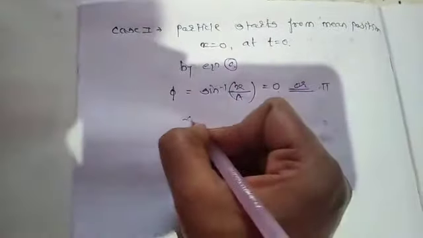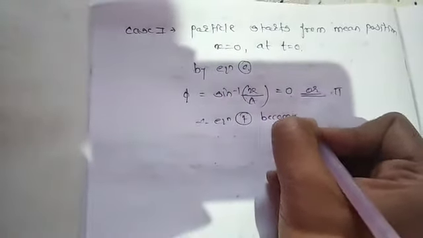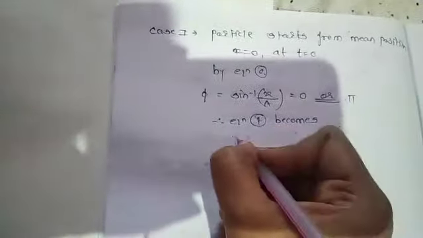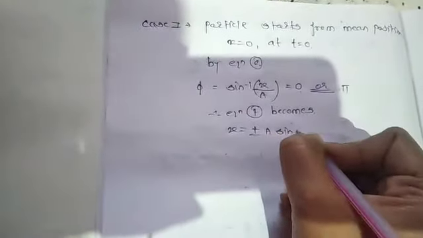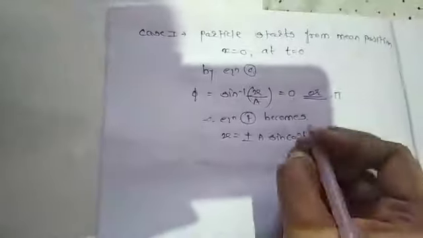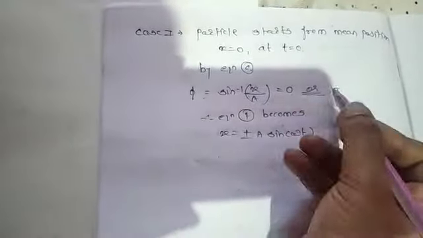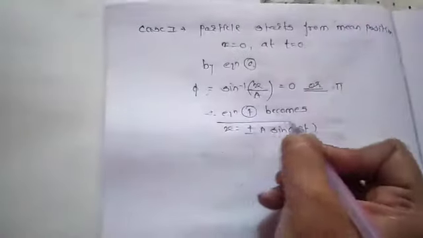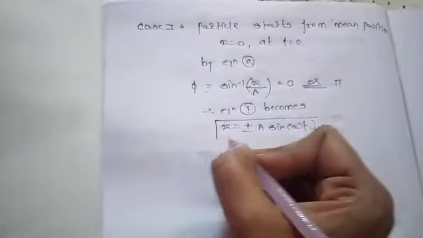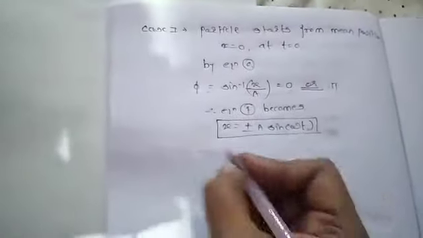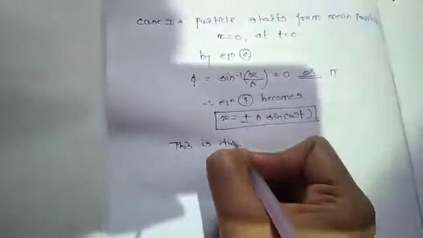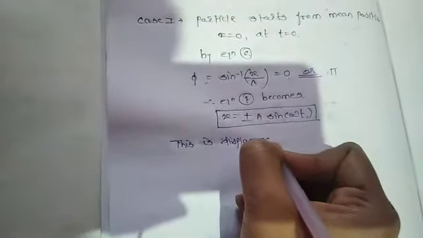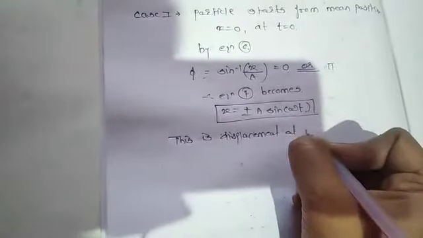Therefore equation 7 becomes x is equal to a sine of omega t, as phi is equal to 0. So this is the displacement at mean position.